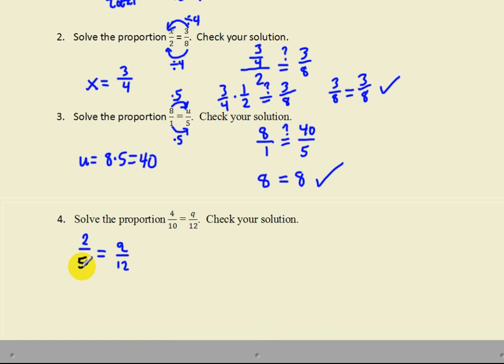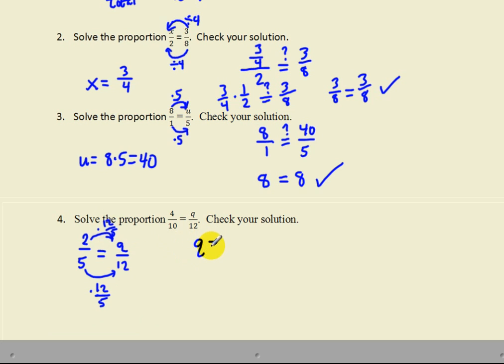And then how do we get from 5 to 12? We would have to multiply by 12 over 5. So if you take 5 times 12 over 5, you'll get 12. So we're going to do the same thing going from 2 to q, multiply by 12 over 5.